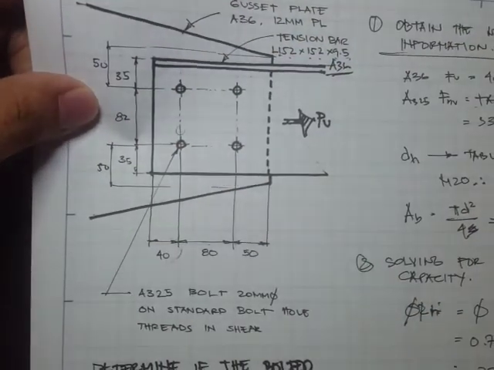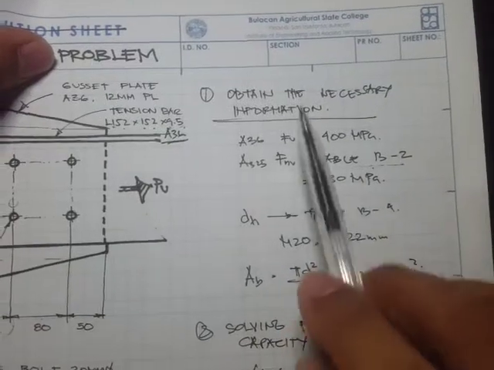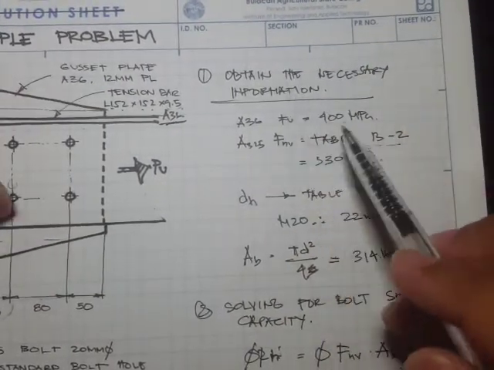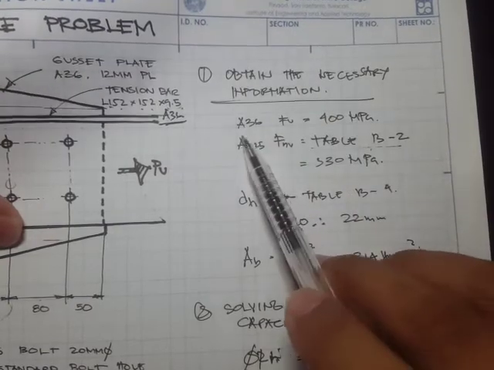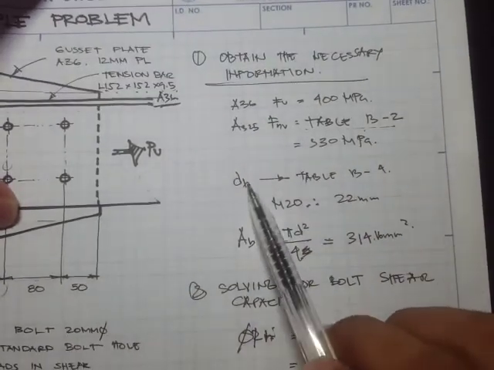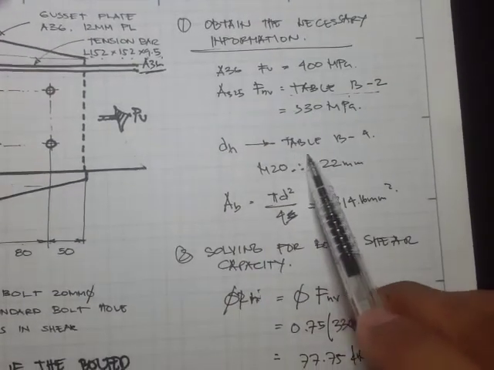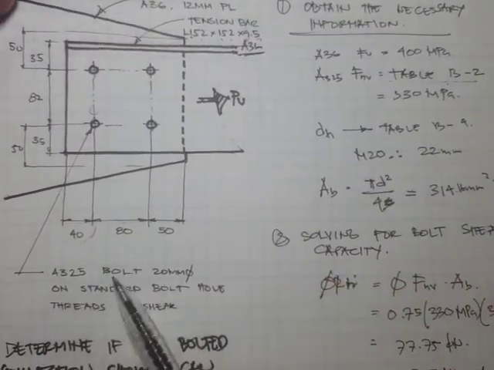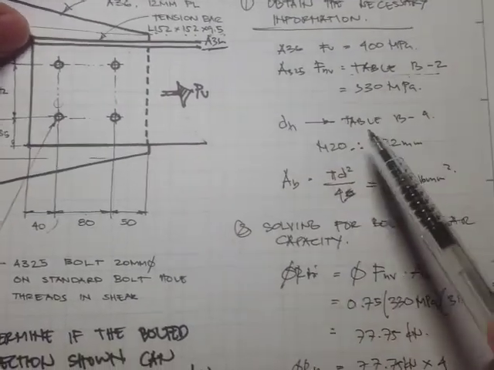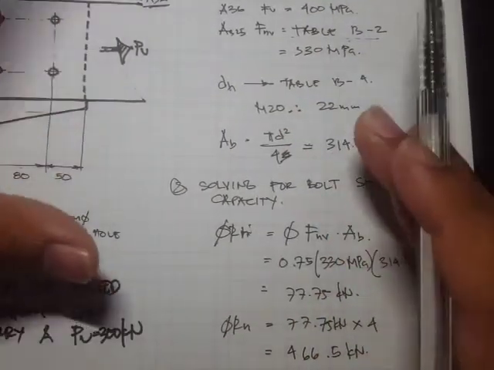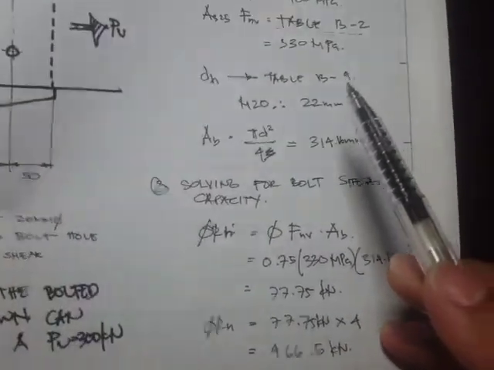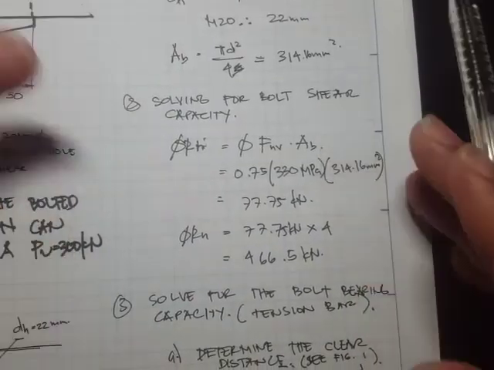Okay, so the first step that we did is to obtain the necessary information from the steel tables. For example, the ultimate tensile strength, the diameter of hole. Of course, you're given a bolt diameter, then you can actually determine the diameter of bolt hole, then the area of bolt. And once you have that, then we start solving the capacity.